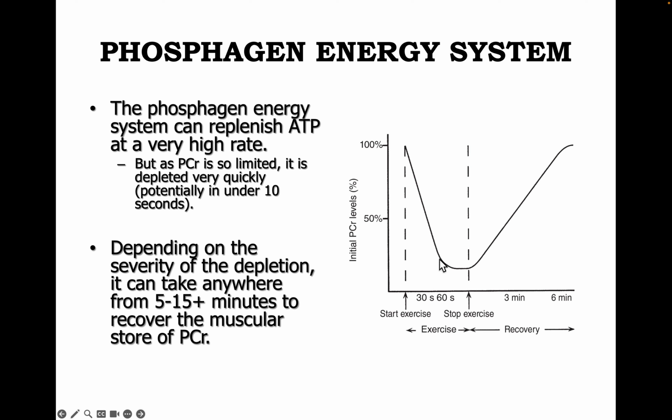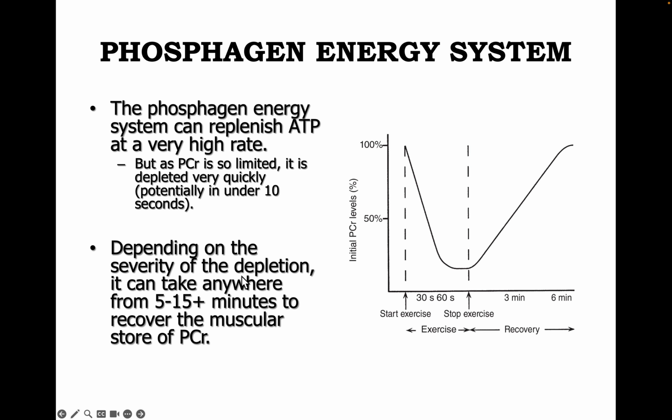Now, once we start to rest, we'll gradually recreate phosphocreatine, restore it in our muscles. So while our body is resting and doesn't need that ATP, we will recreate phosphocreatine to be used again when our bodies need to move very intensely.